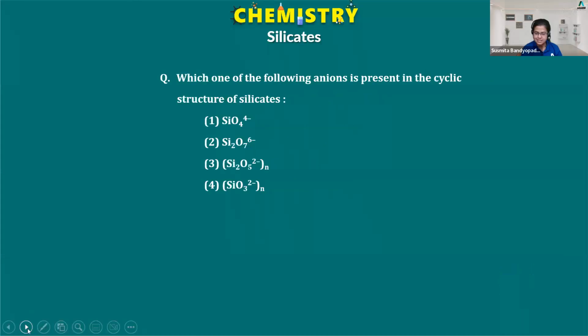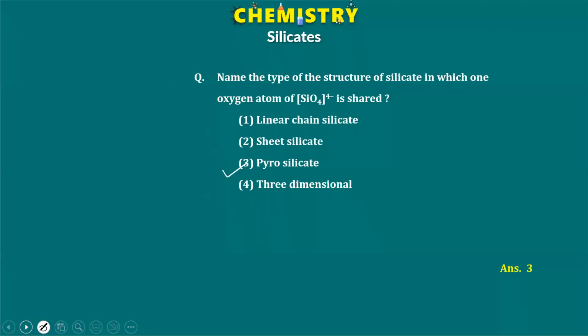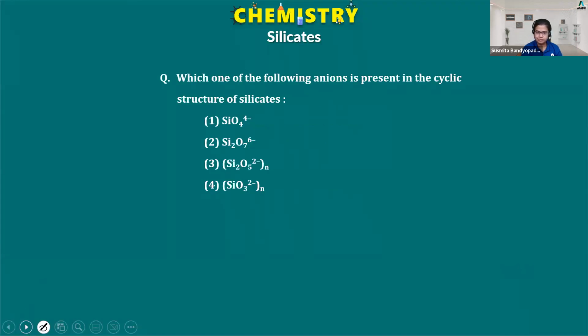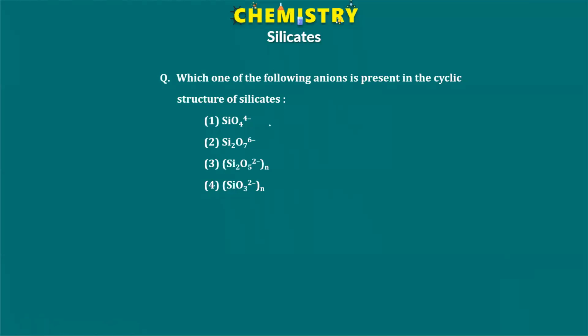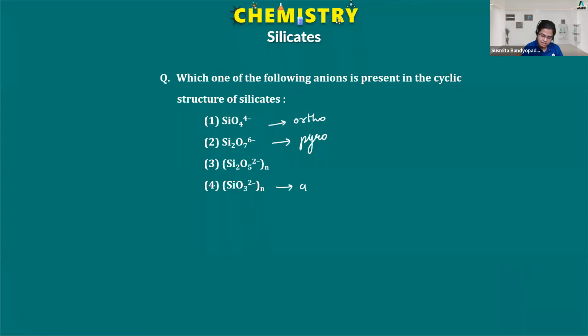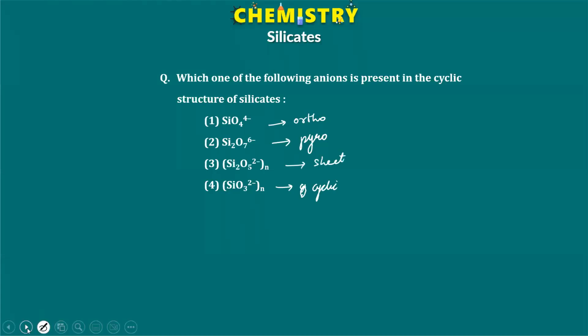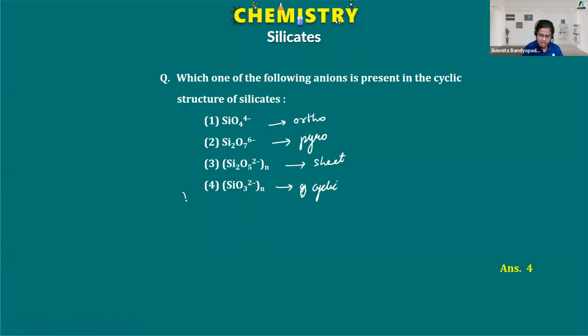Yes, pyrosilicate for this question. Agreed. What about this? Cyclic silicate, I've asked. Option? Four. Very good. So can I write here? This is for orthosilicate, this is for pyrosilicate, this is for cyclic and this is for 2D sheet. Very good. Here the answer is 4.